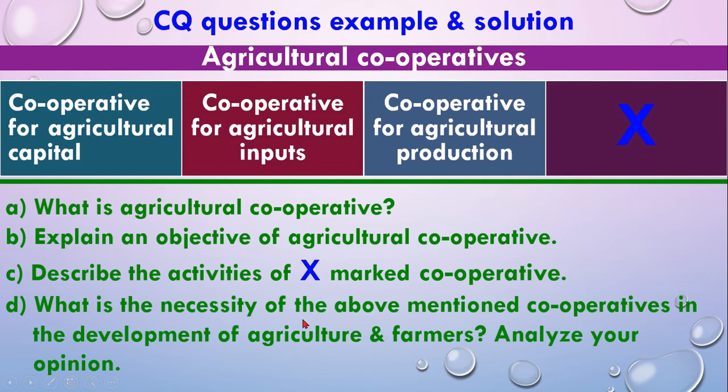Next one is, what is the necessity of the above mentioned cooperatives in the development of agriculture and farmers? So analyze your opinion. You have to explain the importance of the agriculture cooperative. Before that, you have to write down the definition, then you explain the importance or necessity of the agriculture cooperative. So this is all about today's lecture.